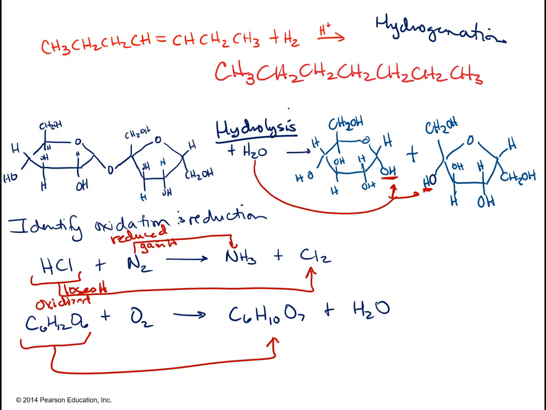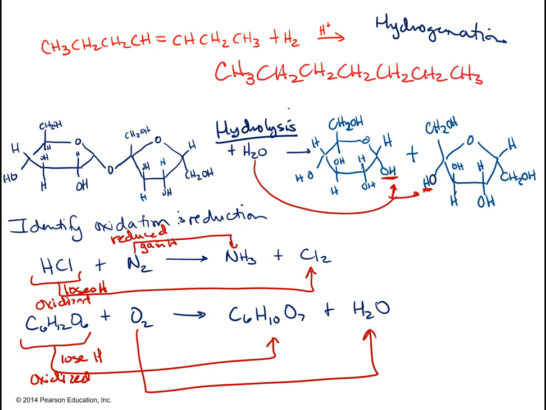It actually looks like it gained, but it's really this swapping of hydrogen. We lose hydrogen because we went from H12 to H10. If we lose hydrogen, what is that? It's oxidized. And then when you look at the oxygen, what happens to it?